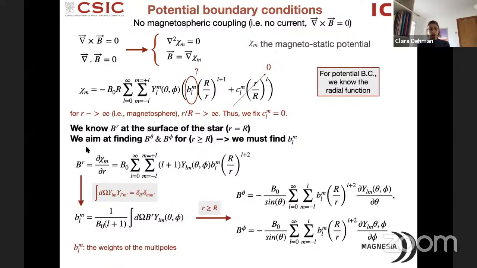You know the radial component of the magnetic field at the surface, and you can write it in terms of the radial derivative of the magnetostatic potential. Then you have the following expression. The radial function goes to 1 at the surface, you apply some spherical harmonics properties, and you can find the weights of the multipoles. Once you find the weights, you can easily construct the two angular components of the magnetic field, since they are simply the theta and phi derivatives of the magnetostatic potential.